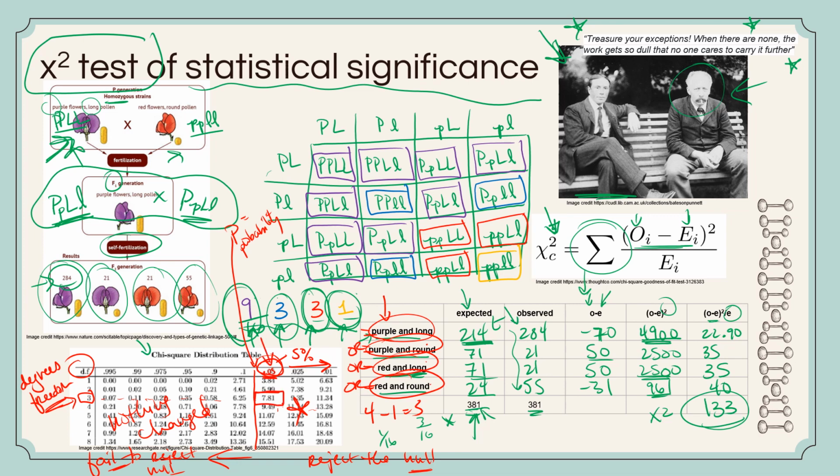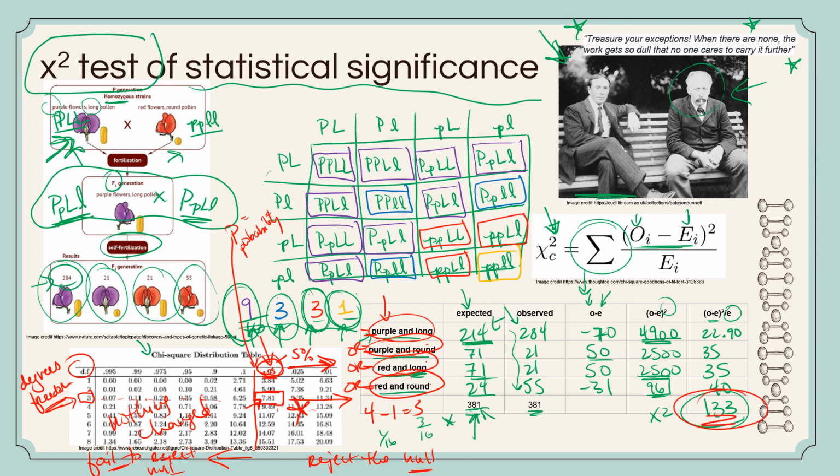So now our degree of freedom number 3, I'm going to go across and run into my 0.05, because in the natural sciences, that's our golden number. So I'm going to call this my critical value, my F-crit, my critical value, 7.81. My chi-square value needs to be greater than or equal to 7.81 in order for me to say that my p-value is less than 0.05 and my results are statistically significant.